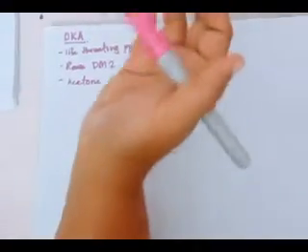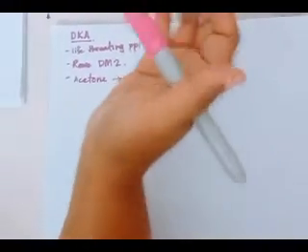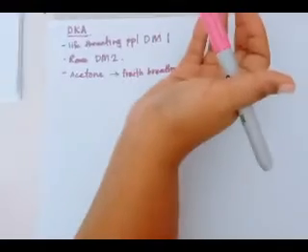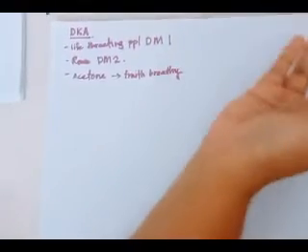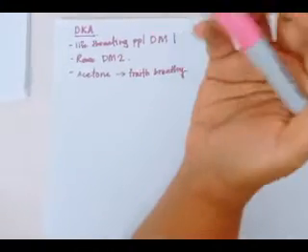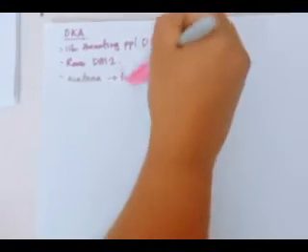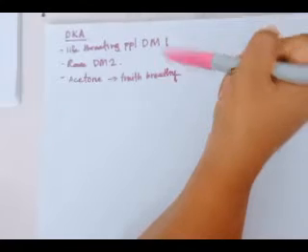Since it is an alternative metabolic pathway, it produces acetone as an alternative way to produce energy. So when acetone is produced, you should know that the patient will have fruity breath.